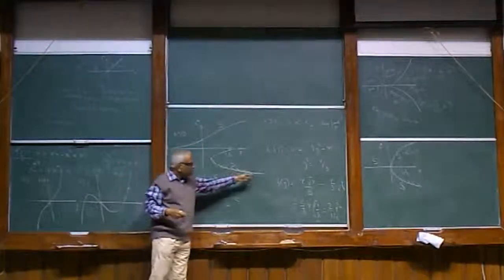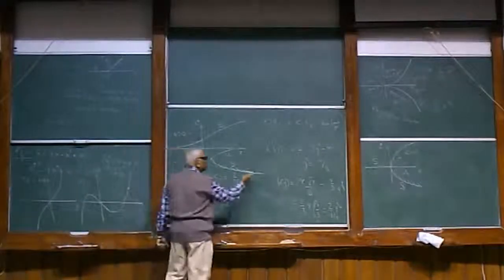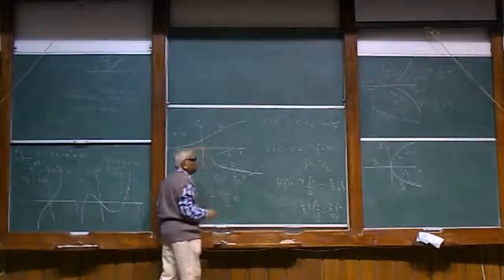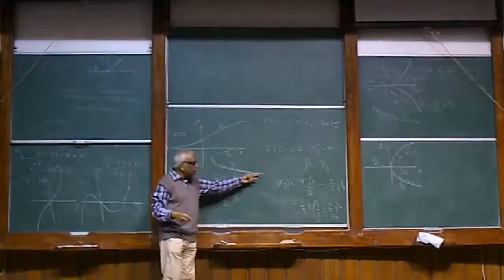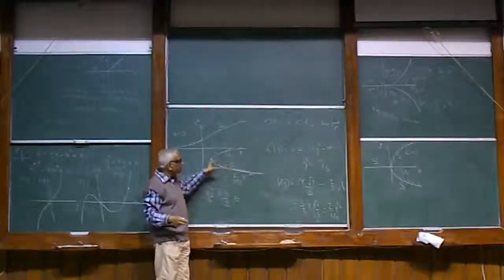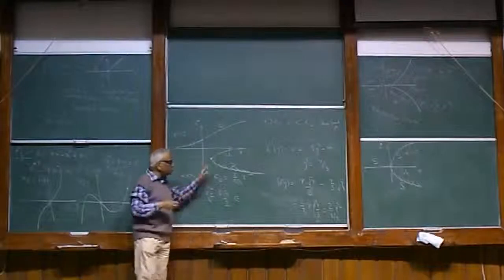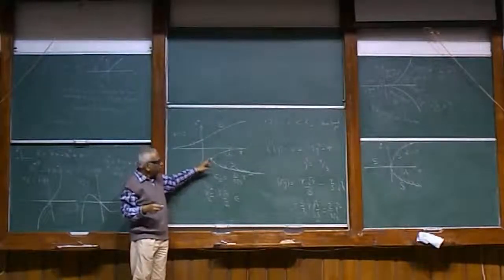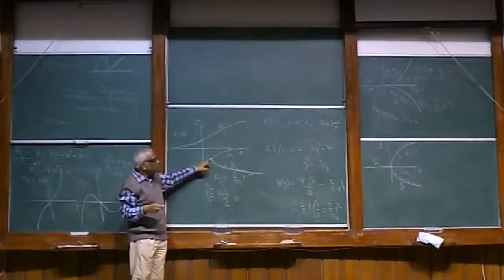I start out from this point over here. I start out from below the critical point, and let's say I'm starting out on this curve over here. So you start out from this curve, come to this point which is not R equal to 0. You come to this point and you suddenly find that this is lost.